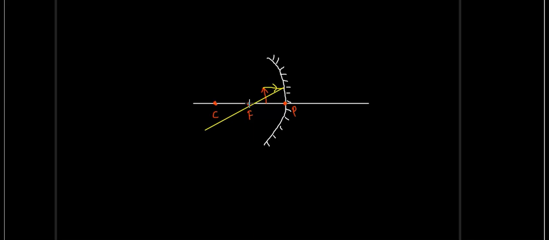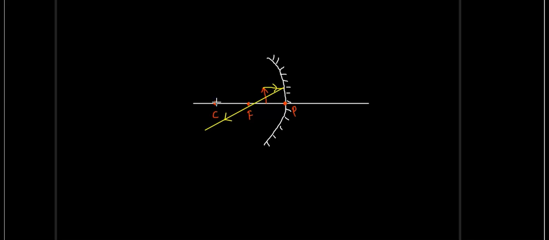Okay, children, make sure, see, mine is not appropriate. It should pass through the focal point exactly. Like this. And another ray I can take maybe passing through the pole. You can also take one passing through the center of curvature.